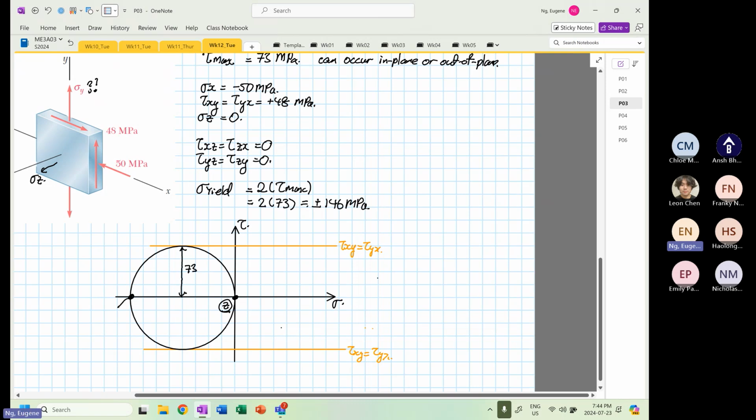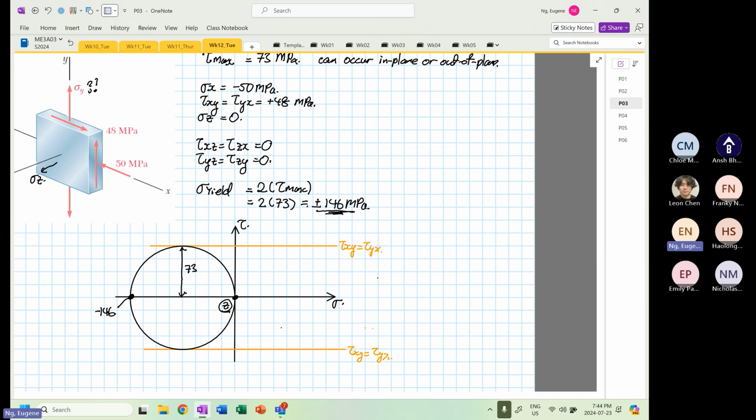Over here, this is our minus 146. If the circle goes beyond 146, yielding will occur. So this is where we have the plus or minus 146. This is one possibility of how the circle will look.